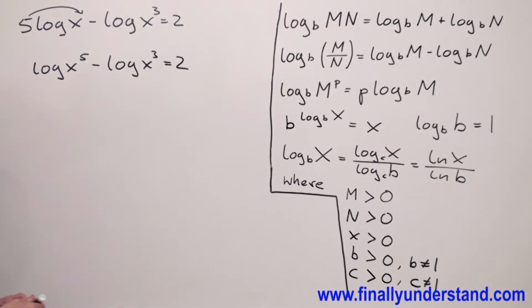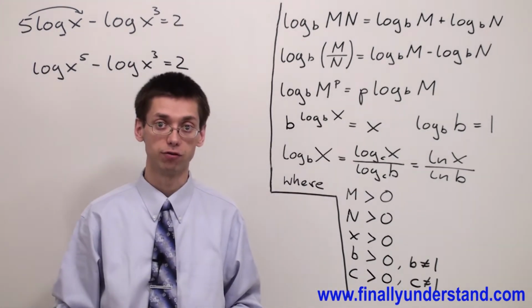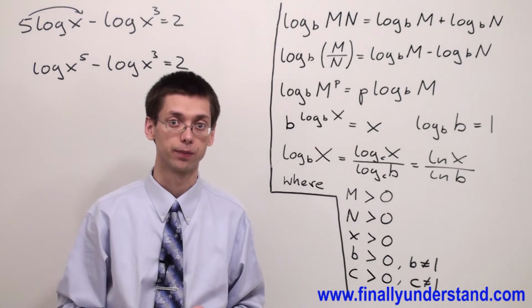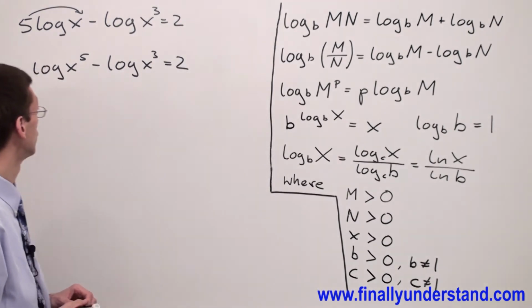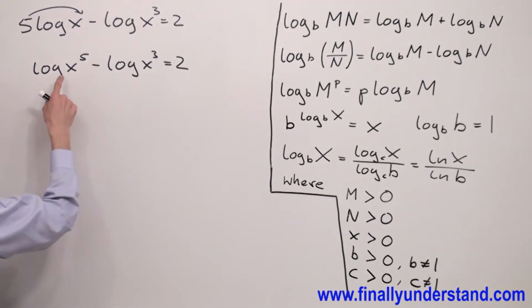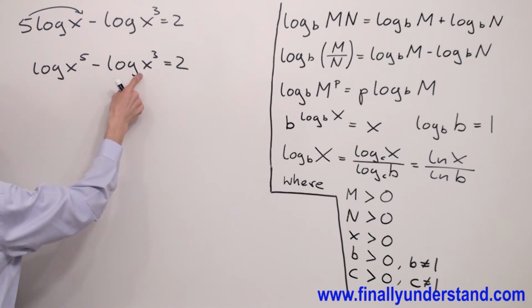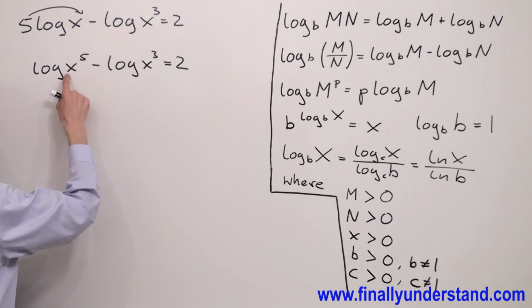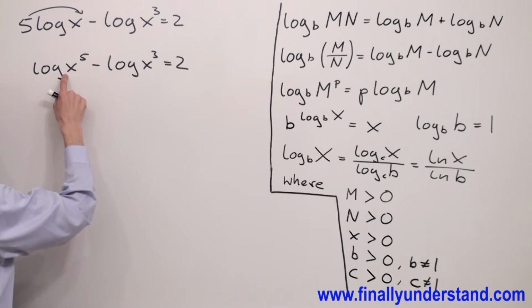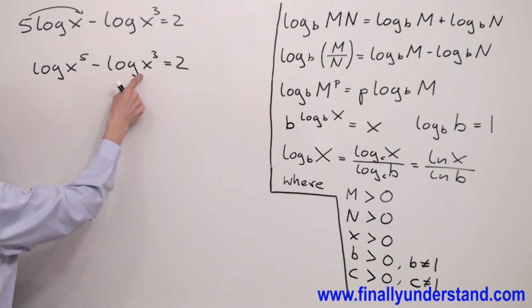Please notice that we have a difference of two logarithms. Before you go further, please look at the base of these two logarithms. These two bases are the same. There is an invisible 10 and an invisible 10 over here.